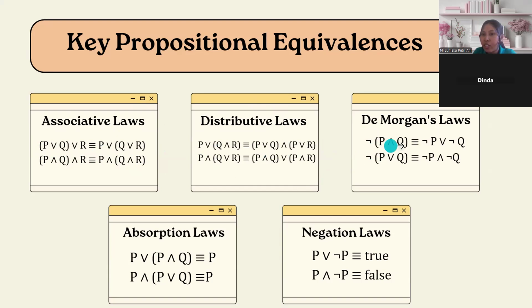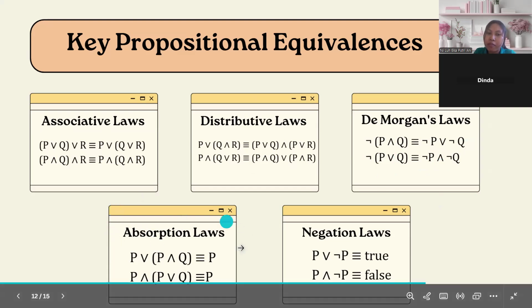Not (P and Q) is equivalent to not P or not Q, and not (P or Q) is equivalent to not P and not Q. We also have absorption laws. P or (P and Q) is equivalent to P, and P and (P or Q) is equivalent to P. The last are negation laws. P or not P is equivalent to true, and P and not P is equivalent to false. Okay, do you understand?